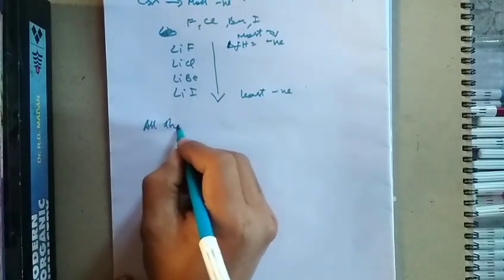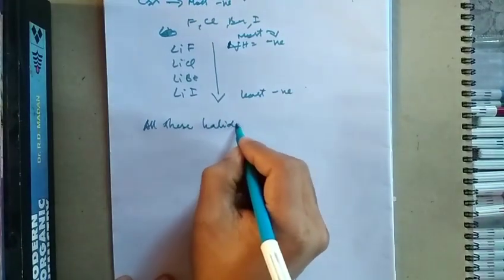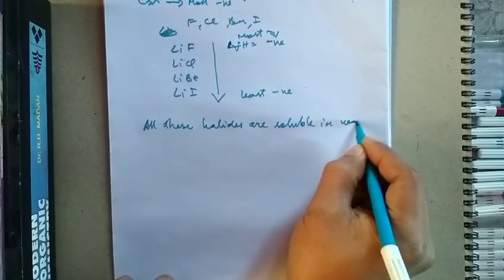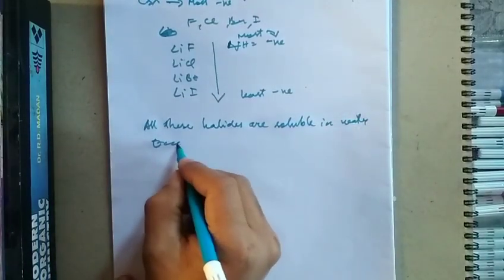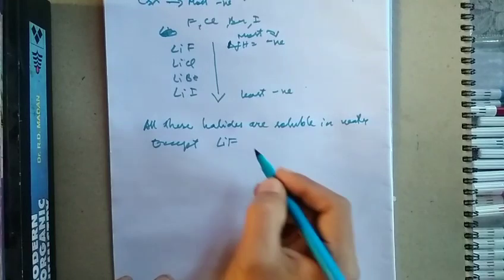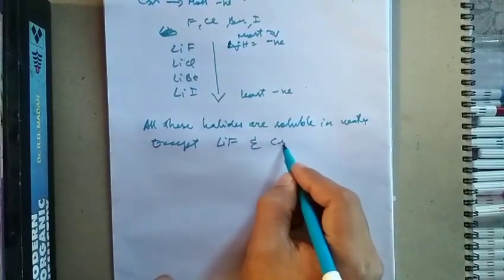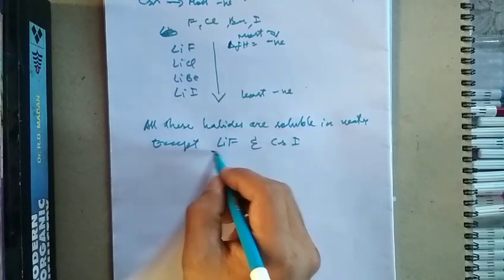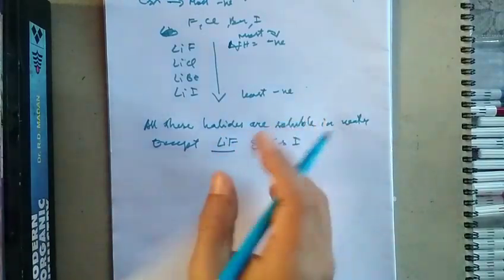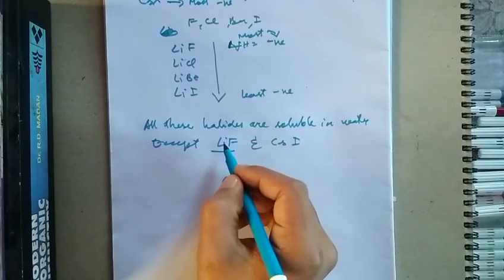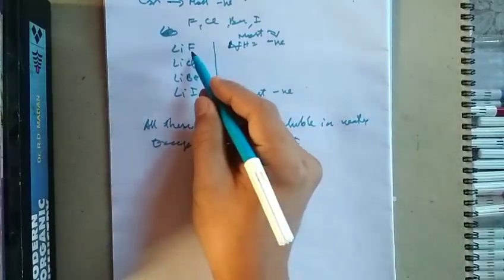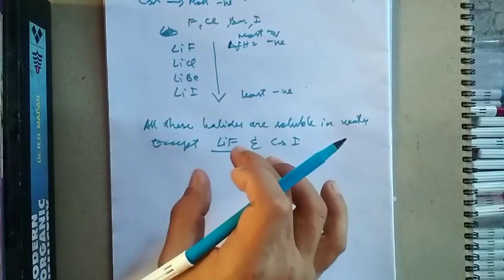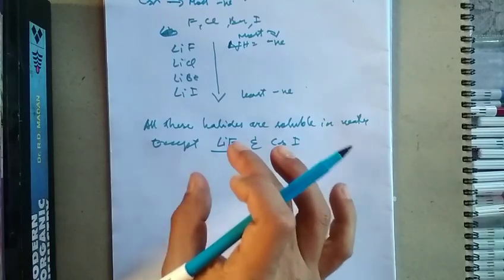So all these halides are soluble in water, except LiF and CsI. LiF is hardly soluble in water, since Li is the first element, F is also the first element, and they are very small, and the lattice energy is very high.